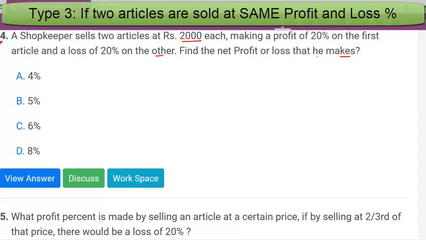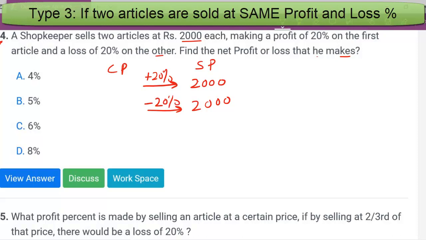In this case, if we talk about selling price and cost price, you have two similar selling prices, which are 2000 rupees each, and in one you are getting a profit of 20%, so this is a selling price after getting a profit, and the other one is a loss, right?